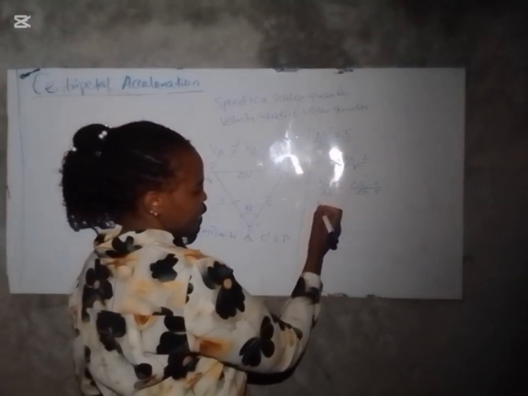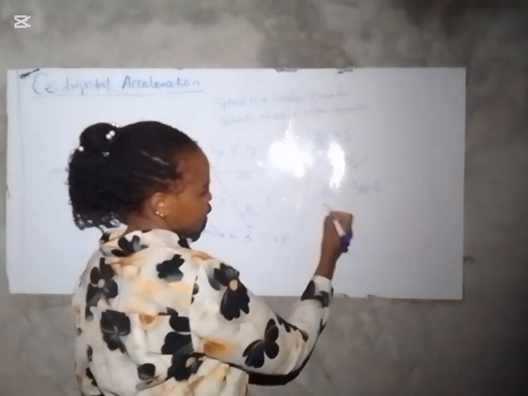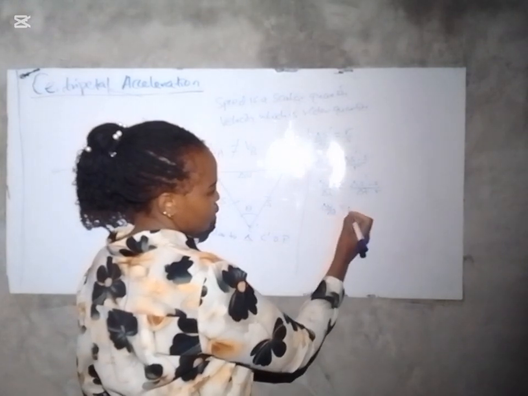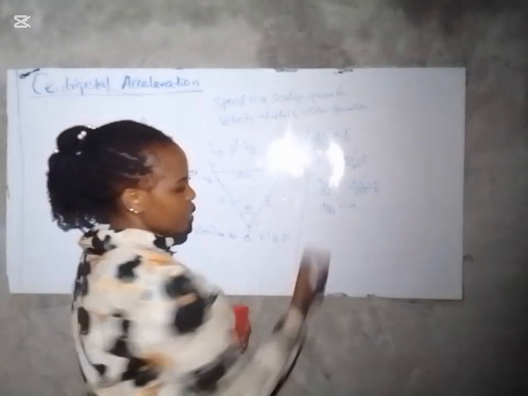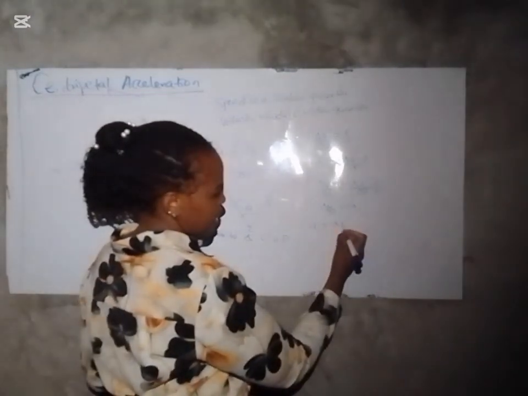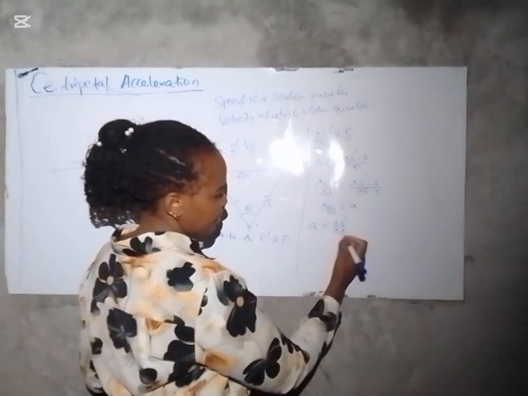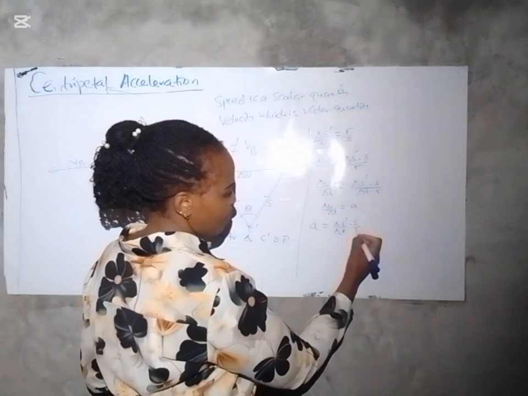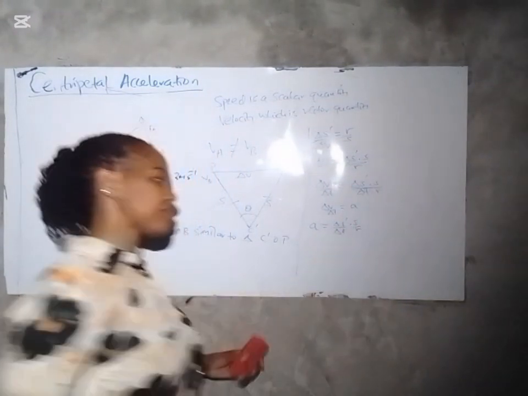So delta V over delta T equals acceleration. So acceleration equals what? It is delta S prime over delta T multiplied by S over R, this part here.